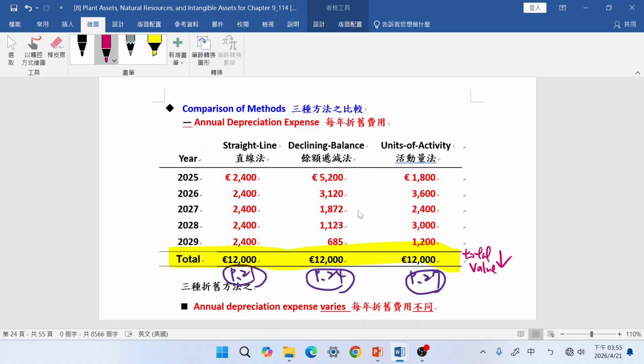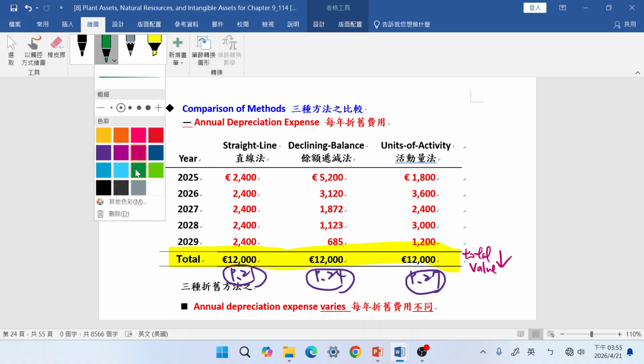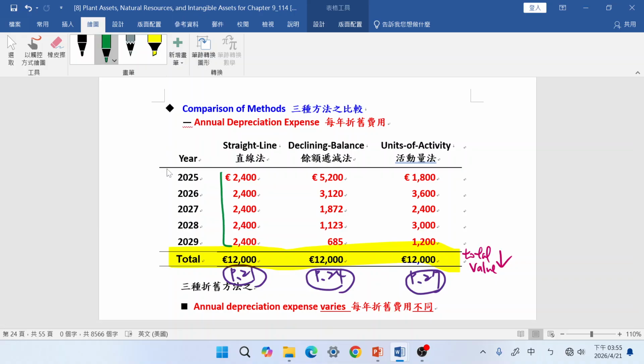When you are the old guy, you will use the straight line method. Why? Because the old guy does the same thing every day. Since we do the same thing every day, our value decrease should be the same each year, okay?